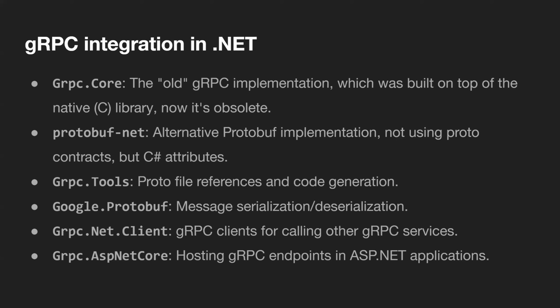The second one is protobuf-net. This is an interesting one. This is an alternative Protobuf implementation for .NET, but it is not using the Protobuf schema definition language, but instead it is using C# attributes to achieve the same thing. I think how they describe it in the official documentation is that it just happens to generate Protobuf binaries in the end.